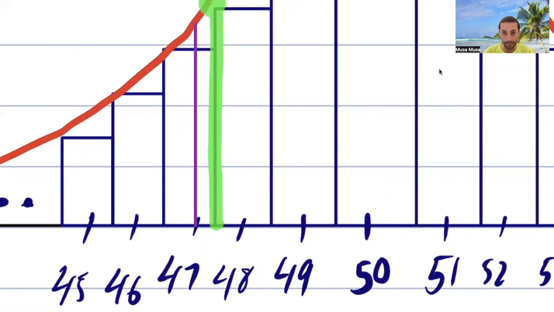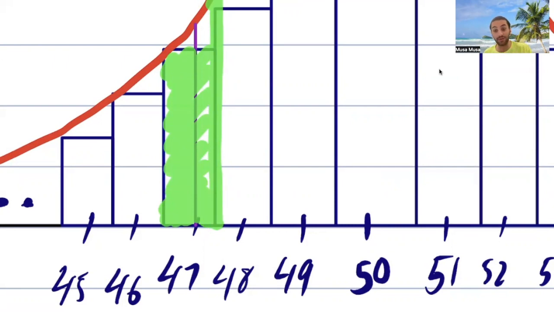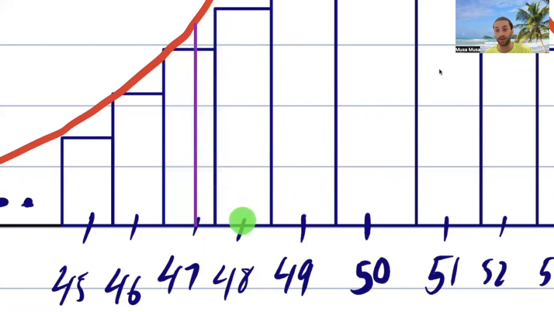That way we can get the full 47 bar into it. And that's because if you don't have 47, you have to hop directly to 48. And therefore we take the middle between the 47 and 48. That's the justification.